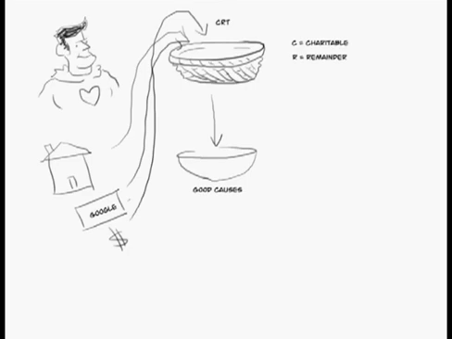It's called a charitable remainder trust because only what remains in your CRT passes to good causes upon the death of all income beneficiaries. For example, let's say you have a rental property. You're sick and tired of being a landlord, so you transfer the rental property to a charitable remainder trust.